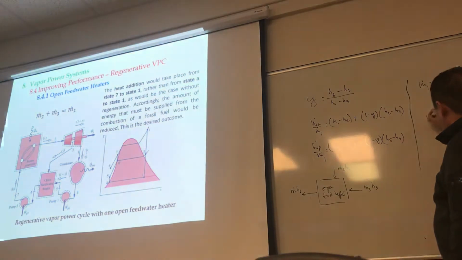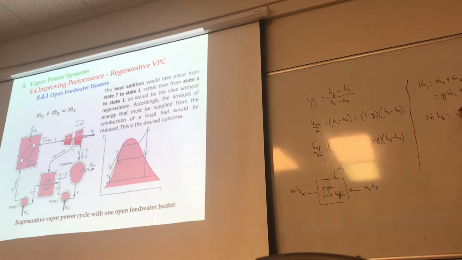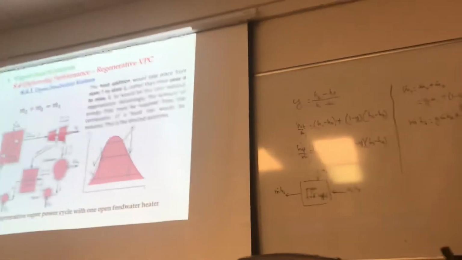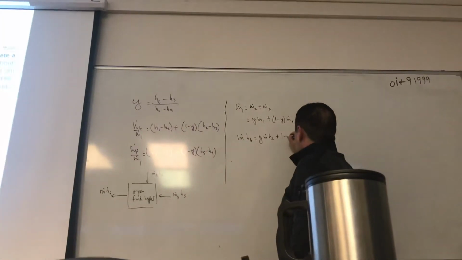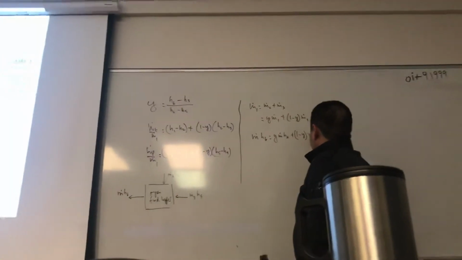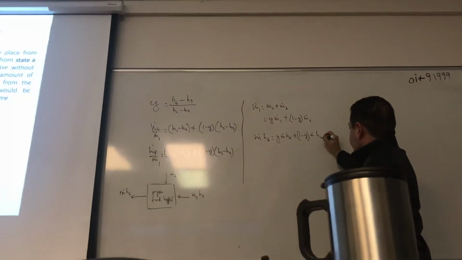So m dot h6 is equal to m dot 2, which we said is y times m dot, times h2, plus m dot 3, which is 1 minus y times m dot, times h5.